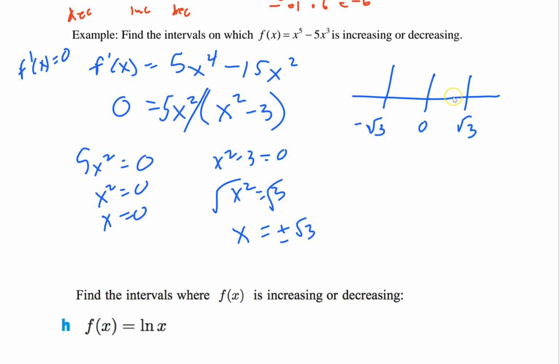Right, so I have 4 different intervals here. I could go from -infinity to negative rad 3, negative rad 3 to 0, 0 to rad 3, and rad 3 to infinity. Right, this one, this one, this one, and this one.